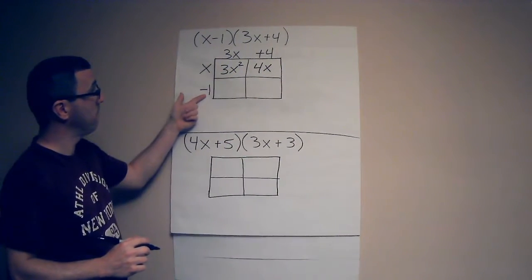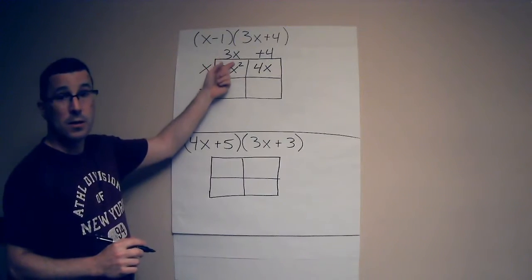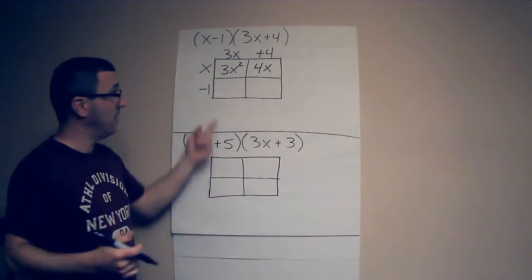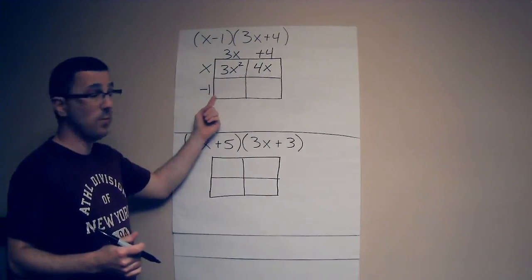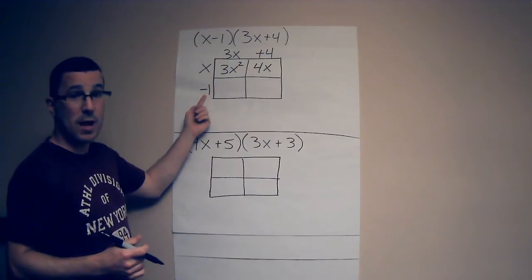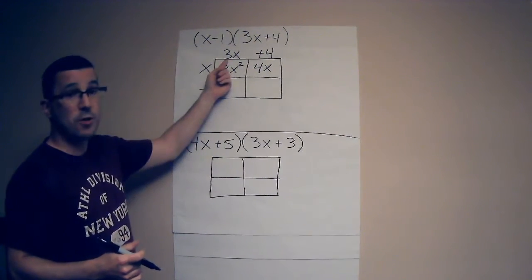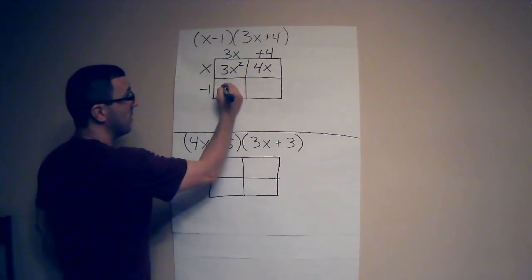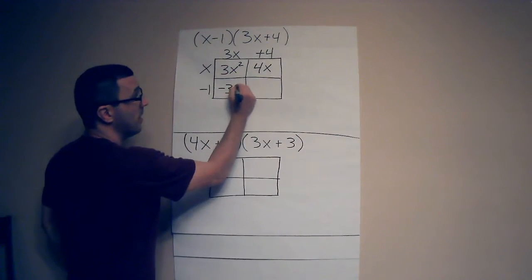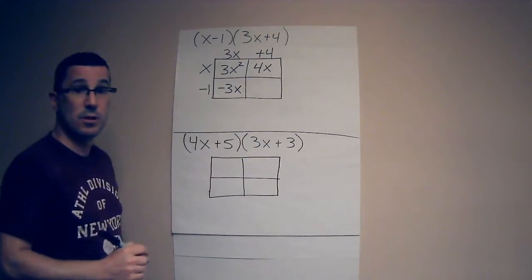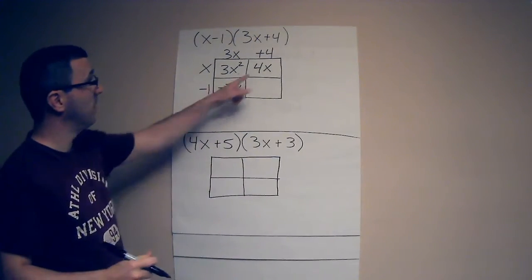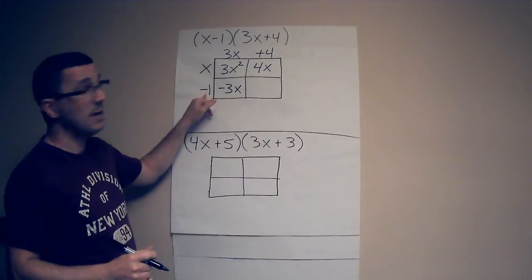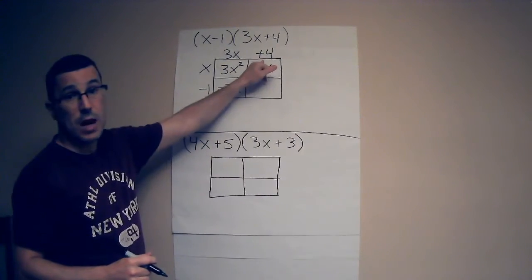Here again, -1 times 3x. This one doesn't have a variable, but I'm going to multiply my constant here by my coefficient here. -1 times 3. It's going to give me a -3, and I just bring the variable down since it's the only one there. Lastly, the two constants. -1 times 4.